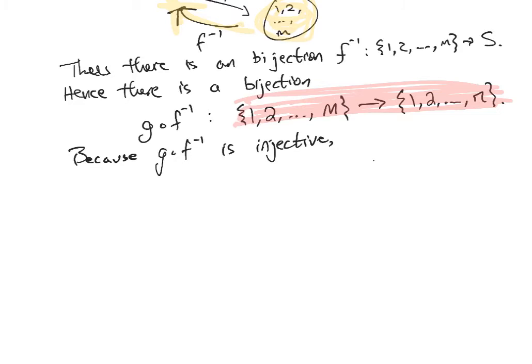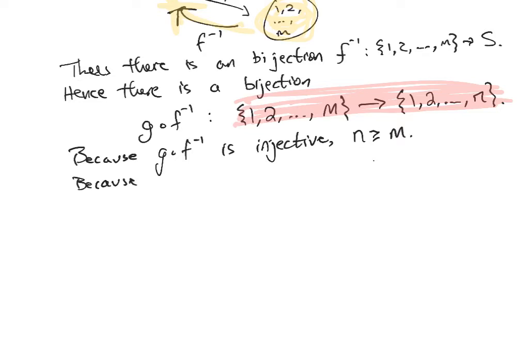It's injective, it's 1-to-1. That means that we have to have different images for each element of the domain. So n has to be at least m.